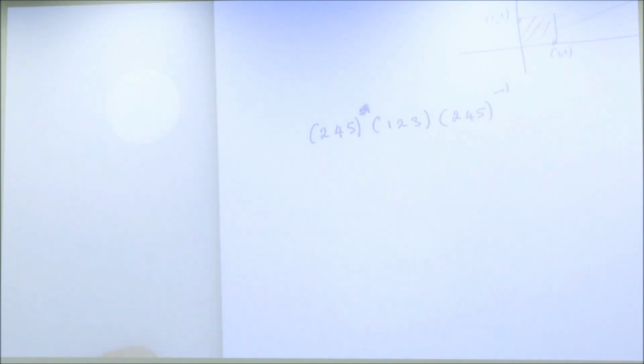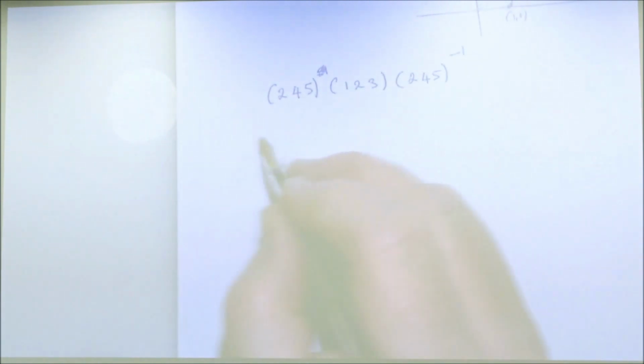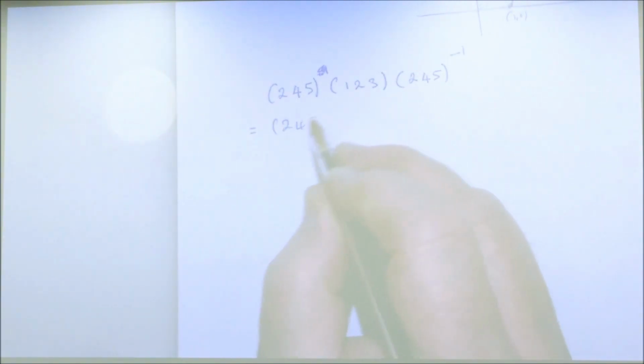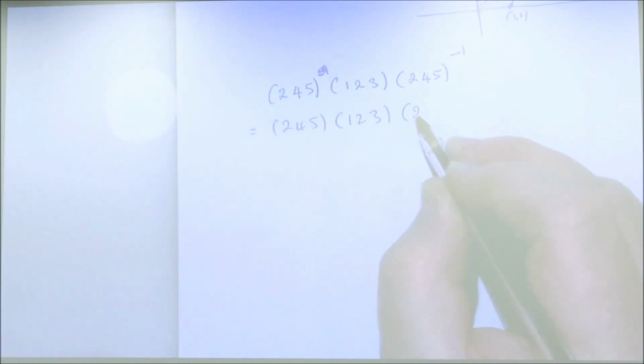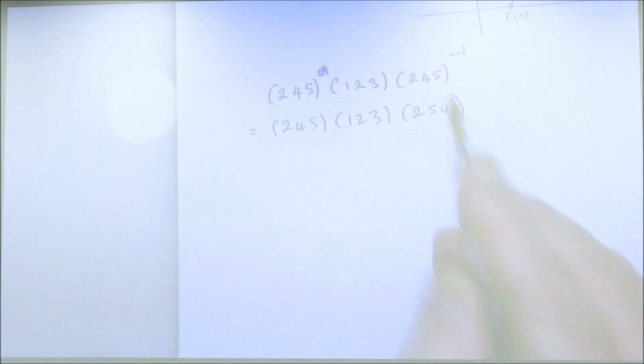You conjugate like that. Okay. So let's just look at it as a concrete example. There's a group element, and I'm conjugating it. So what do I get? I just swap those two around in order to get the inverse. And let's see what happens.